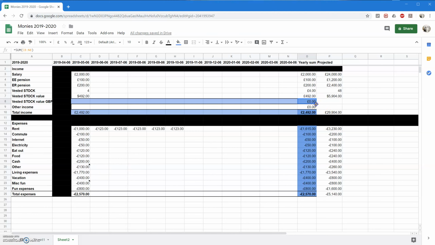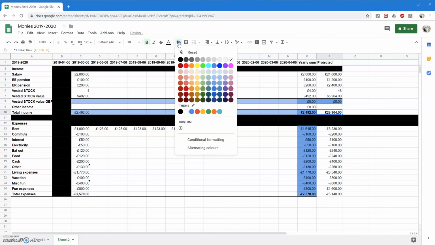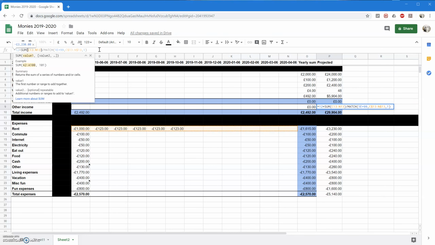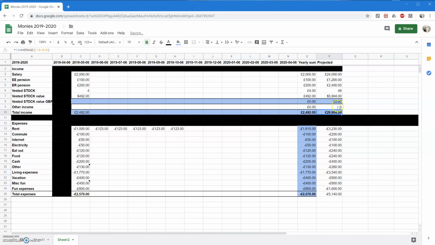Let's just clean it up a bit more. This magic formula here actually works quite well for other income as well. Other income could be for people who have Patreon, it could be that, or it could be a tax refund, or, well, anything.